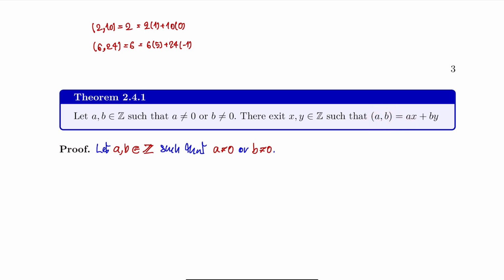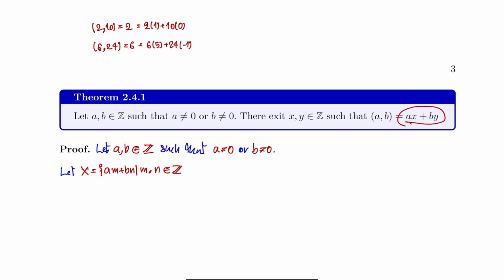So we have to create a set. Let's build this set. We let set X be a set of integers of this form: am plus bn, where m and n are integers.